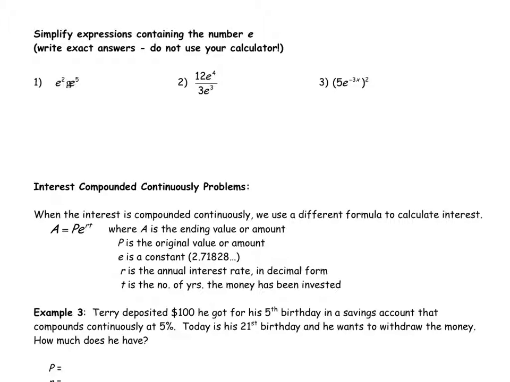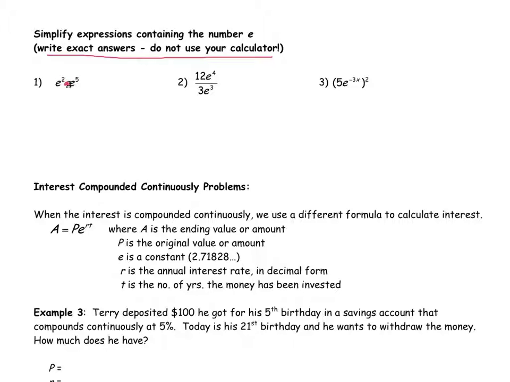When you're working with this value E, when we simplify it, we look at it just like we would a variable. In these problems, simplify expressions containing the number E. It says write the exact answers and do not use your calculator. In this first problem, that G is not supposed to be there. It's supposed to be a times symbol.